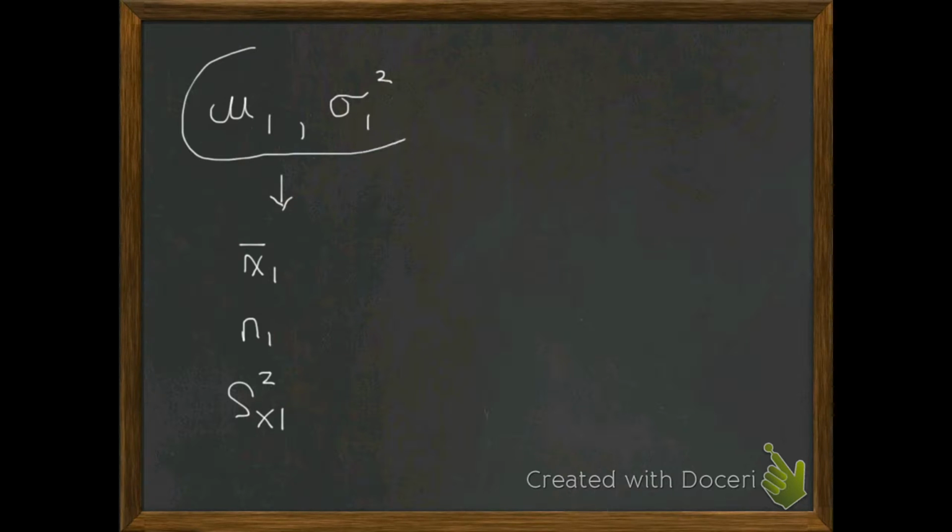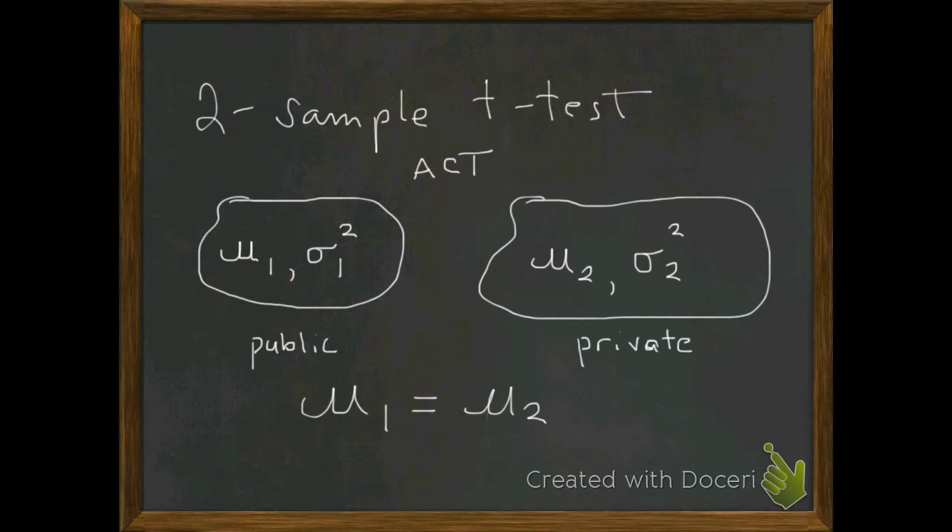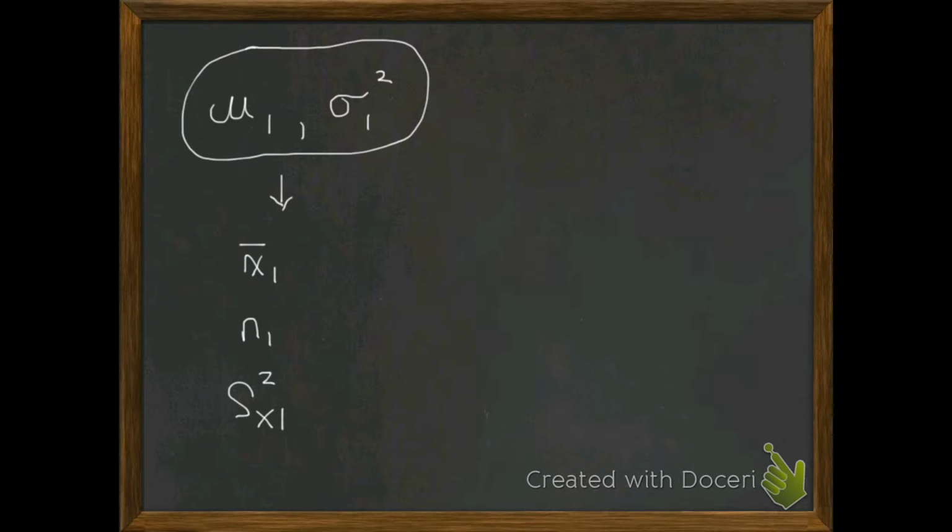So from the first population, which I said, I think, was public schools, we would decide on a sample size, get a sample mean, and calculate the variance.